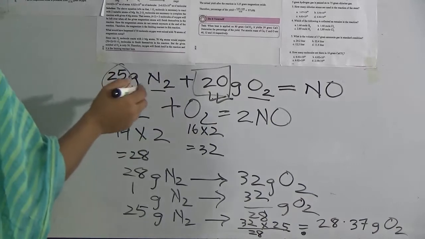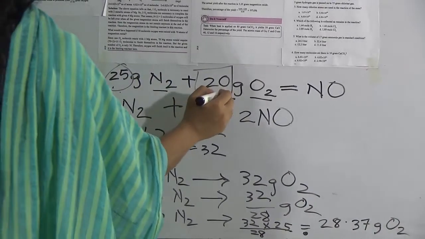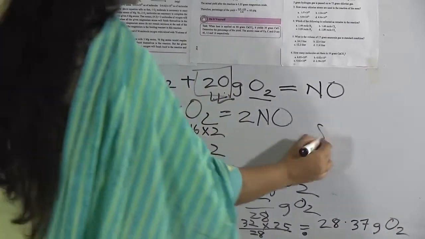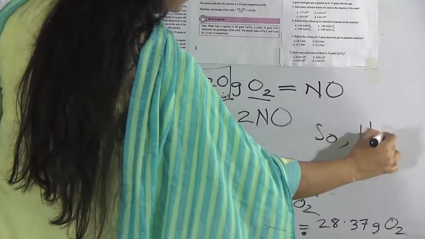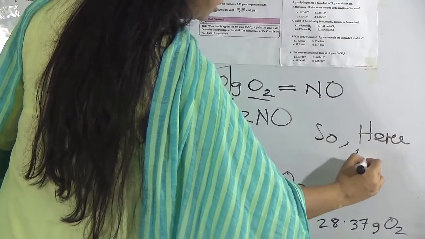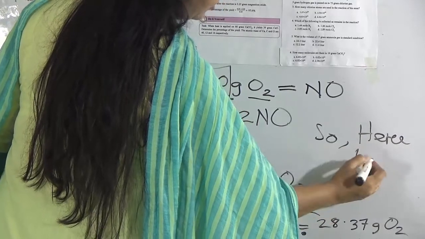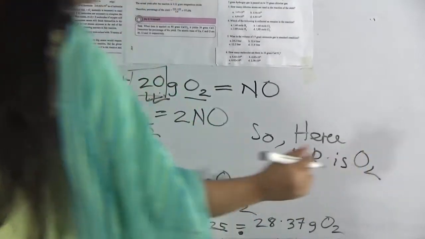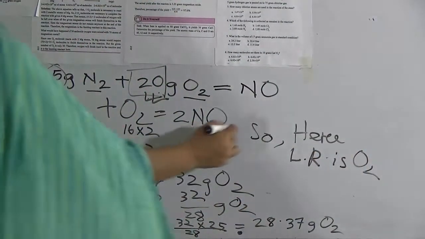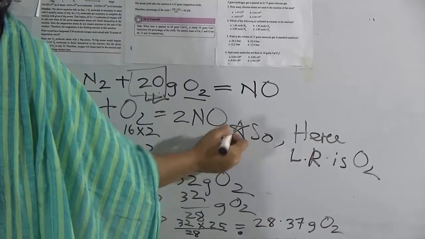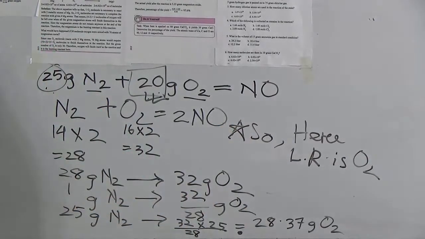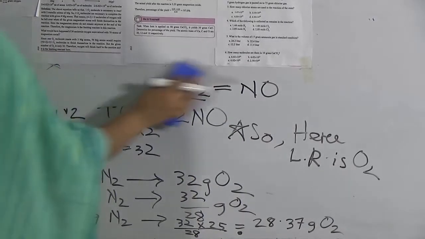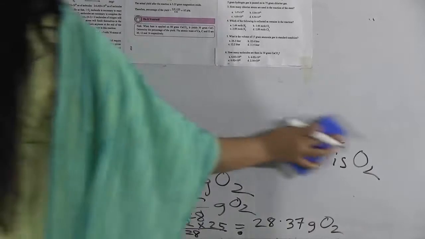So here in this equation, the limiting reactant is oxygen. This is the result of the question. This is how we have to find the limiting reactant if we get such problems.